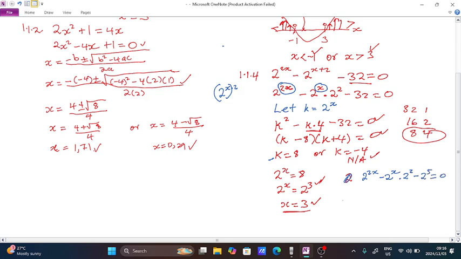Okay, from there what happened? No, you drop the exponent.